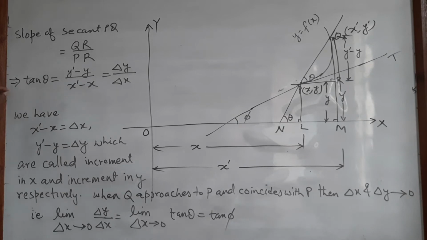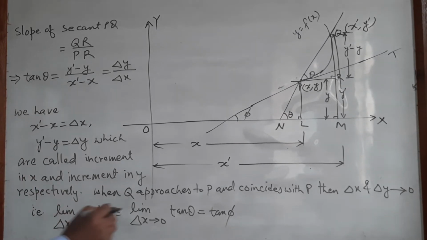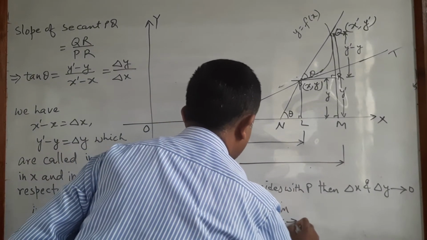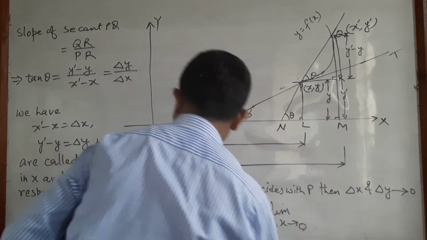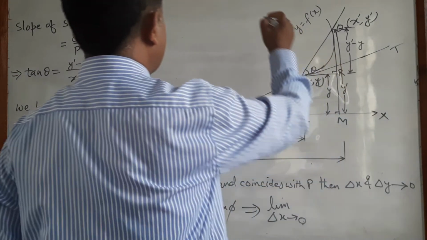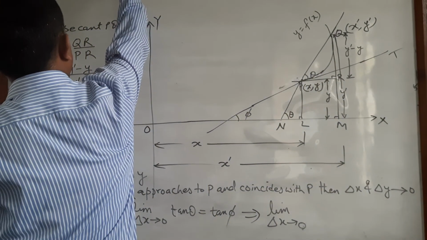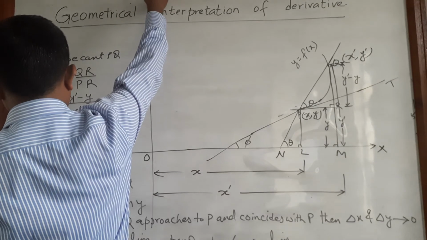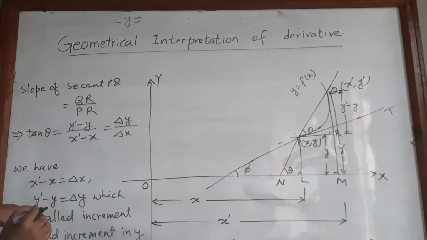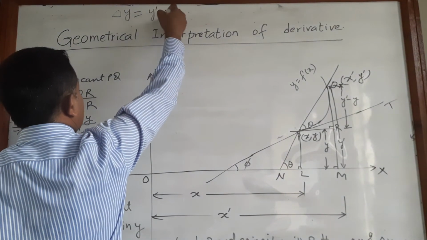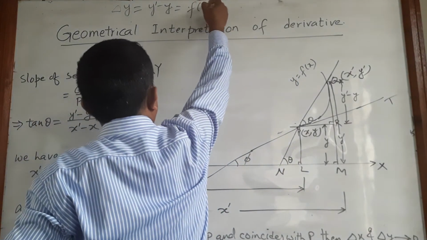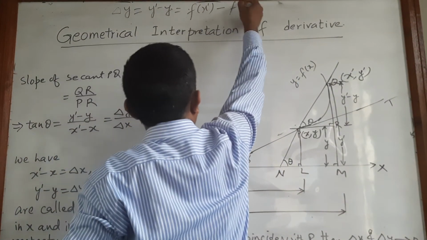And here, for the limit as del x approaches 0, let us calculate del y in rough. Del y equals y' minus y. Our curve is y equals f(x), so y' will be f(x') and y is f(x).